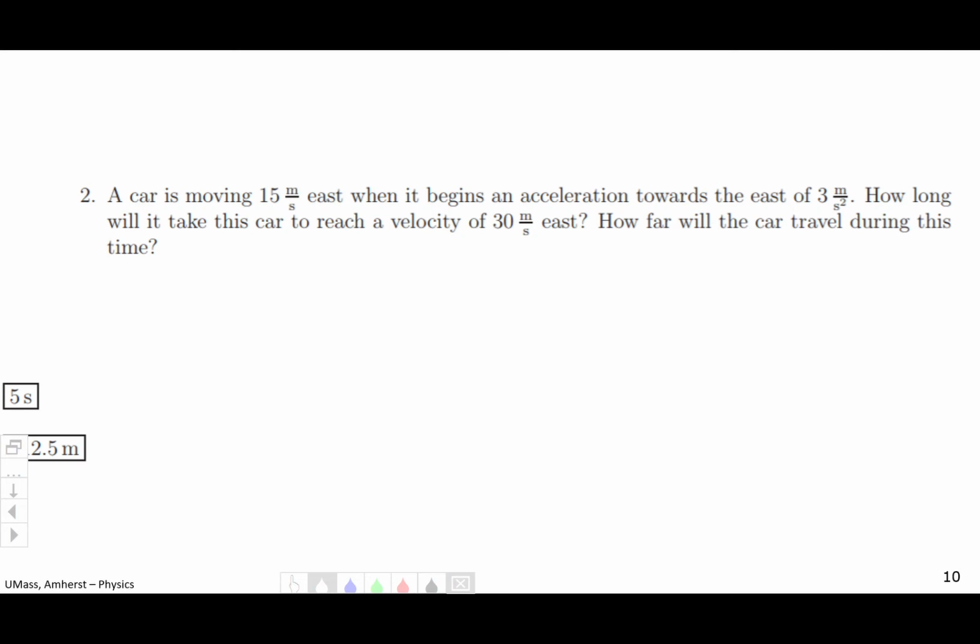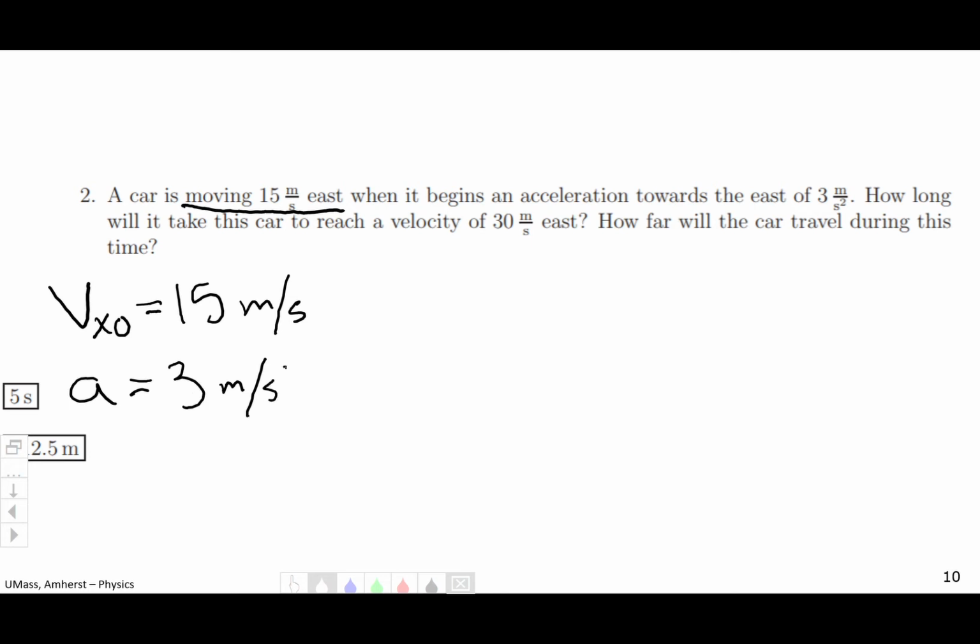Let's identify what we're given. 15 meters per second east, that's our Vx0, 15 meters per second. An acceleration of 3 meters per second squared. And a final velocity, meaning a Vx of 30.